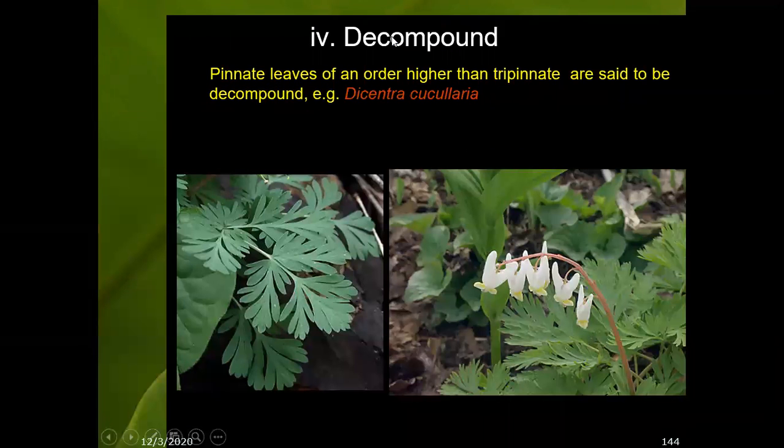Next, decompound. Pinnate leaves of an order higher than tripinnate are said to be decompound leaves. When the rachis is branched several times, it is called decompound. For example, Coriandrum sativum is decompound.